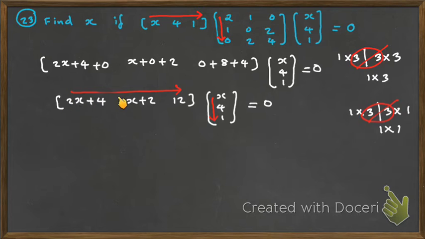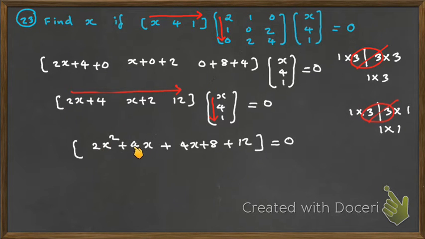So 2x plus 4 into x, that's going to be 2x squared plus 4x. Then x plus 2 into 4 will make it 4x plus 8. Then plus 12 into 1 is plus 12, is equal to 0.